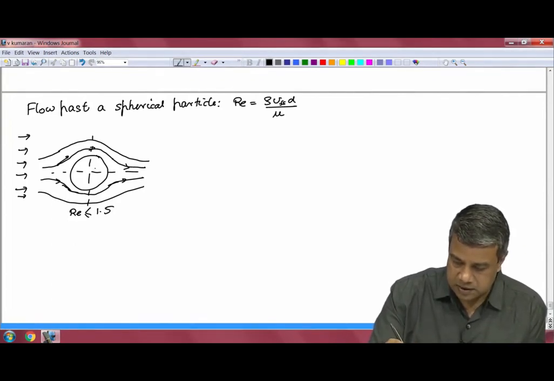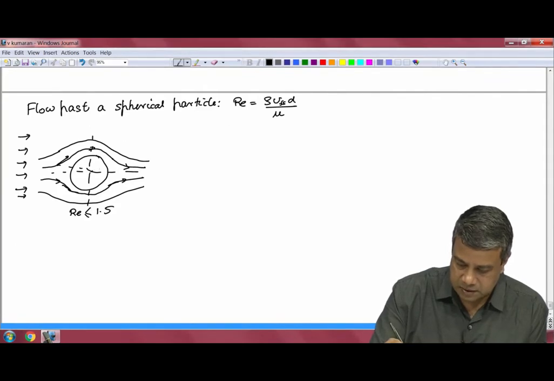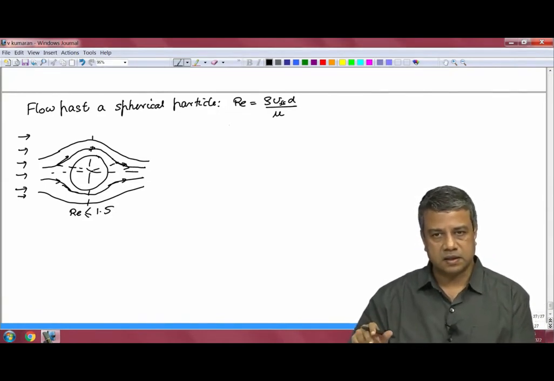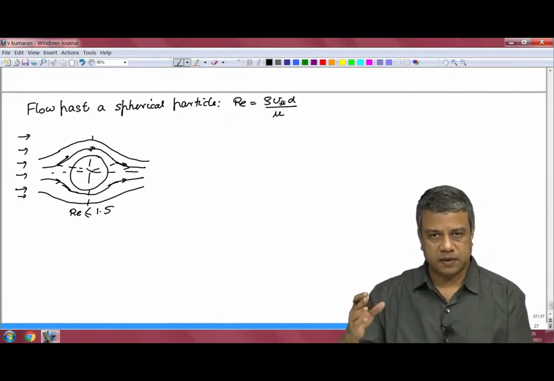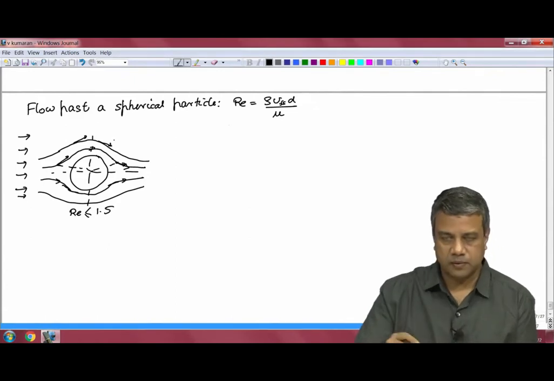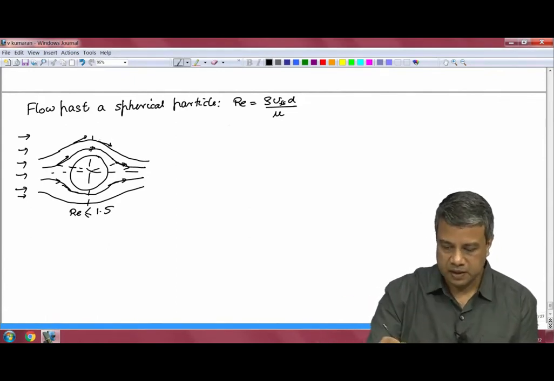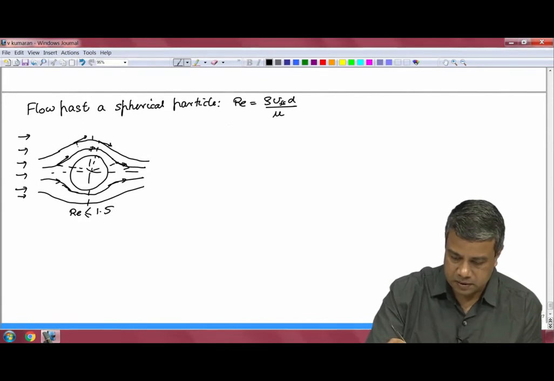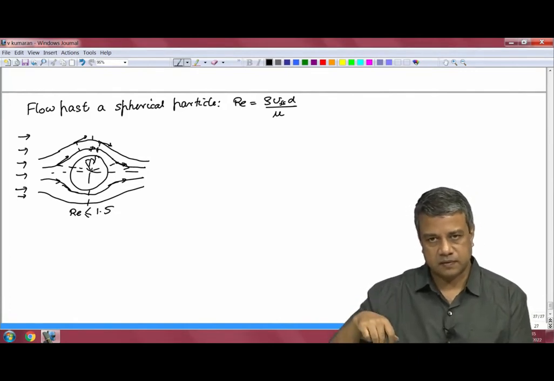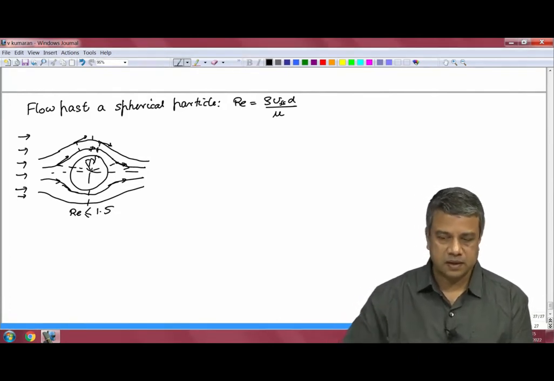At a downstream location which makes the same angle, the velocity will be the same in the flow direction and reversed in the direction perpendicular to the flow. So, the velocity component along the flow direction is the same at a downstream location which has the same angle about the hemisphere, and the velocity perpendicular to the flow direction will be exactly reversed.